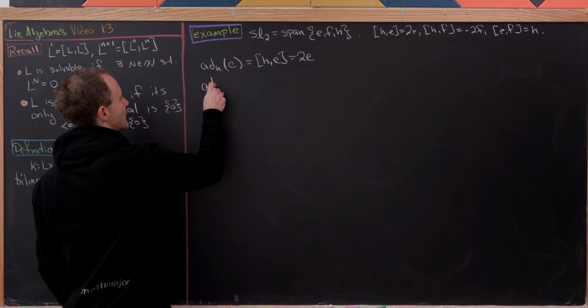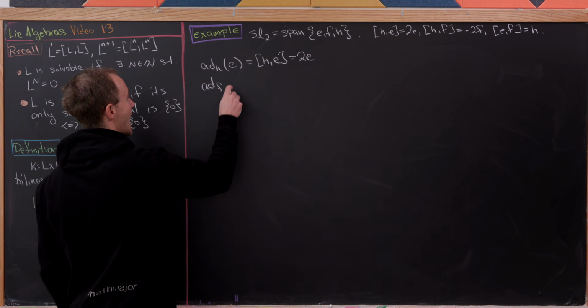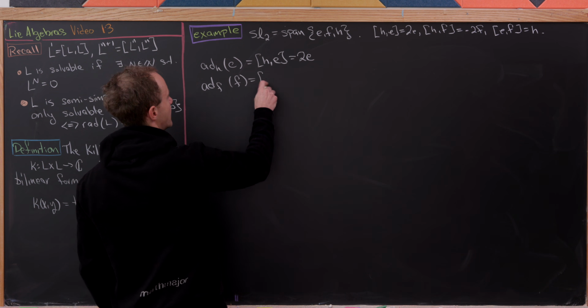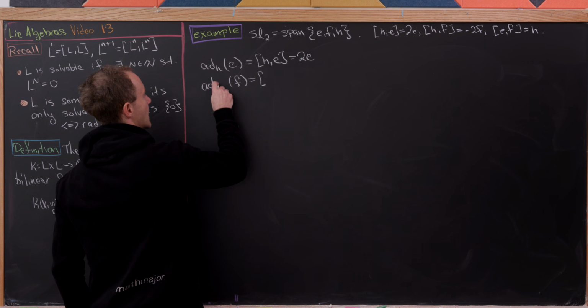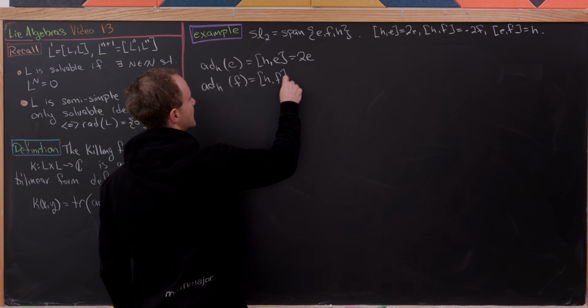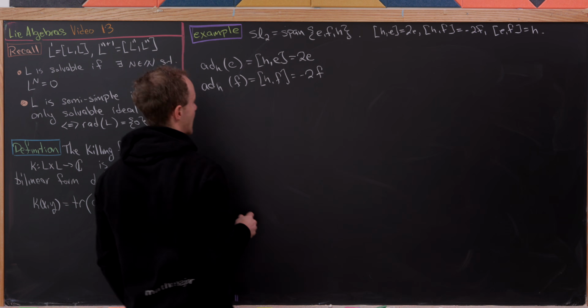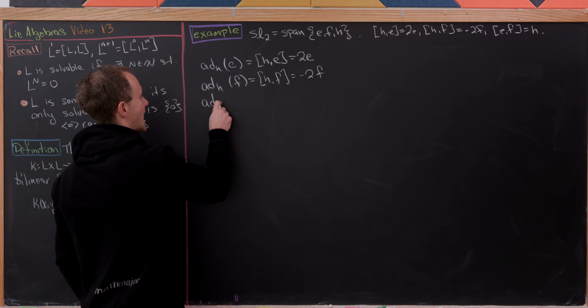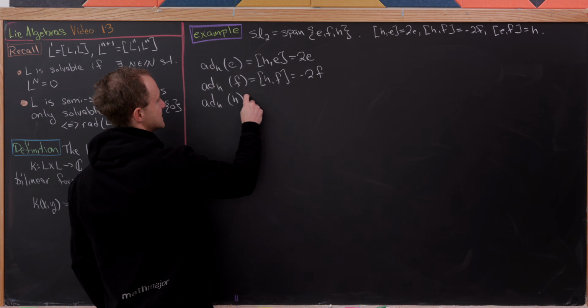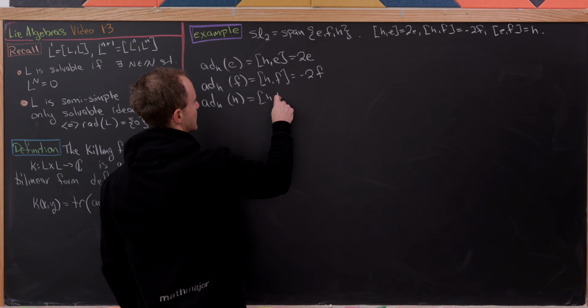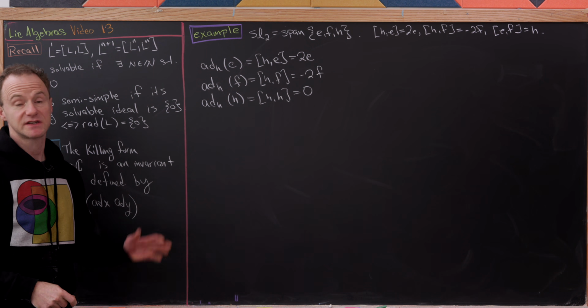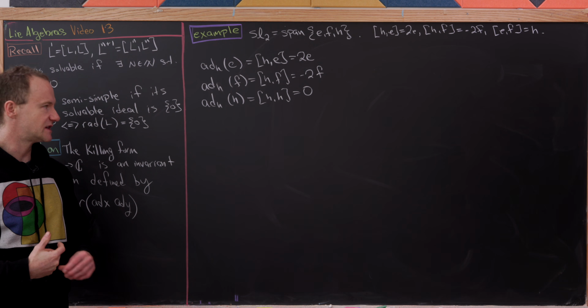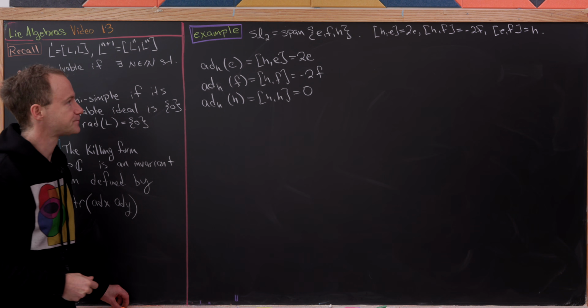Then ad H acting on F, like before, is the bracket of H with F, which is minus 2F. And finally, the adjoint action of H on itself gives the bracket of H with itself, which is 0, just by the skew symmetry, or anti-commutativity, of the bracket.